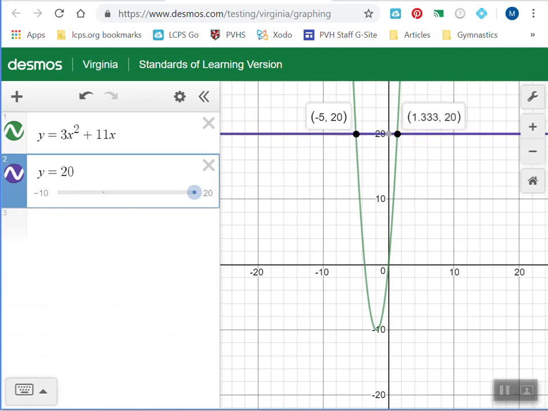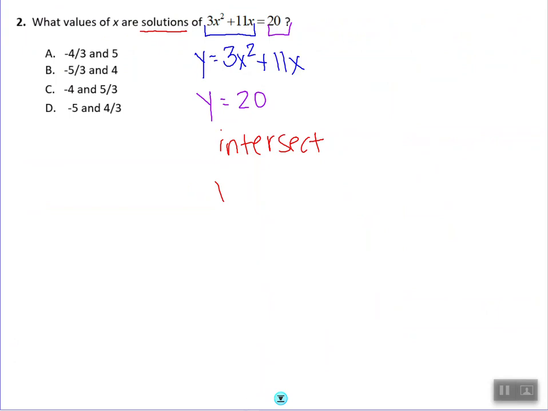So you might have to zoom in or zoom out a little bit. And I only care about the x coordinate of these intersection points. So I only care about the -5 and the 1.333. So I have x equals negative 5 and x equals 1.333.